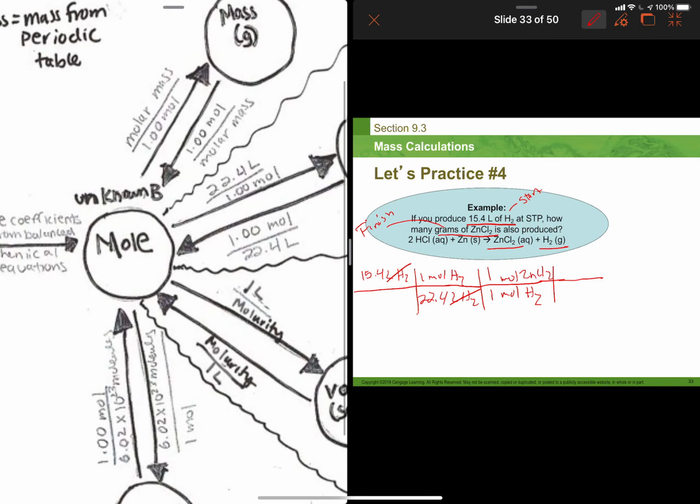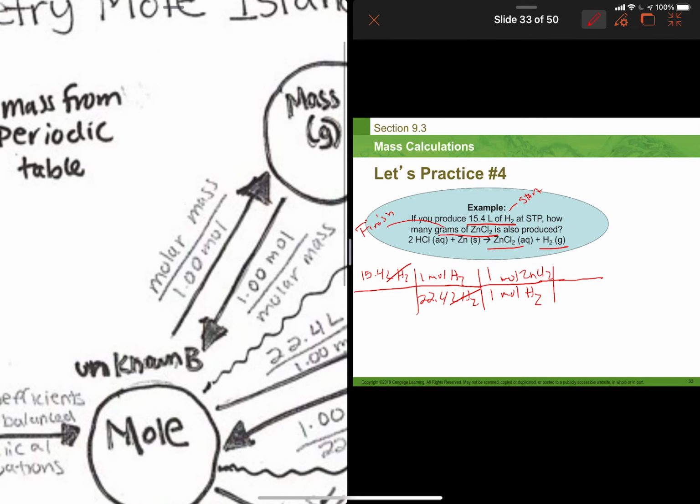And now you can move from mole to mass. Why do we finish in mass? Because we have grams. Okay, we are going to move up, so it's molar mass over 1 mole. So it's the molar mass of ZnCl2 over 1 mole of ZnCl2. Zn is 65.39.